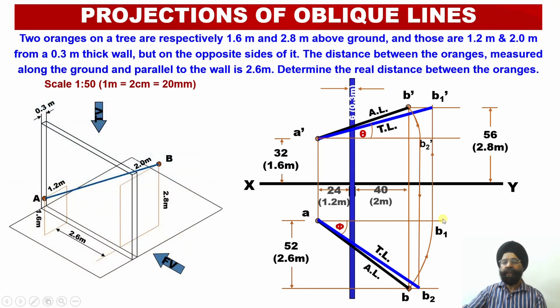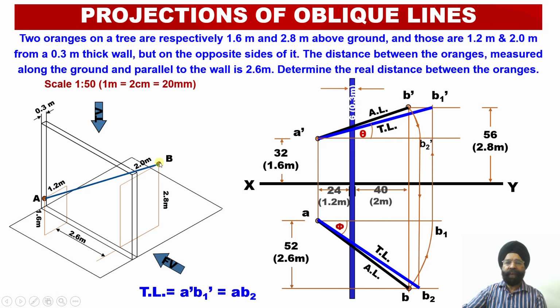So we have been able to evaluate the true length of the line in the elevation, the true length of the line in the plan, the inclination of the true length of the line with respect to the ground or the horizontal plane, and the inclination of the true length of the line with respect to the vertical plane. All these aspects have been evaluated with respect to this particular string which is going to join these two objects, the oranges over here.